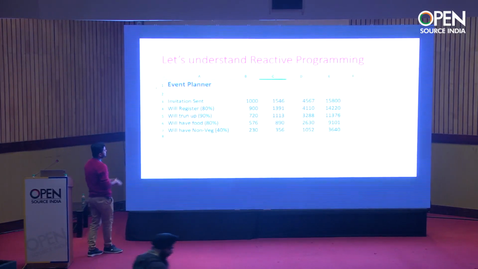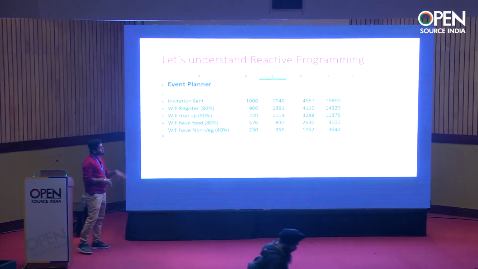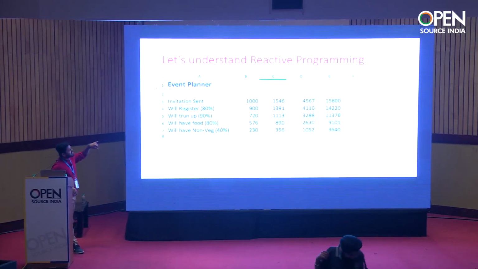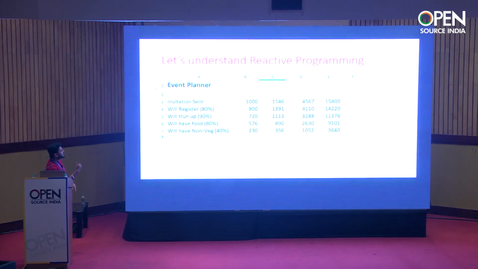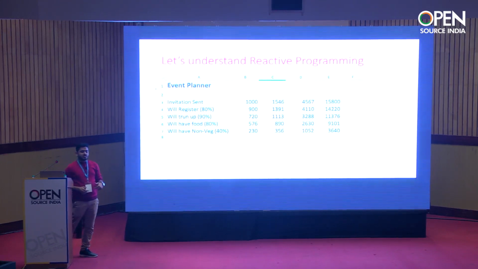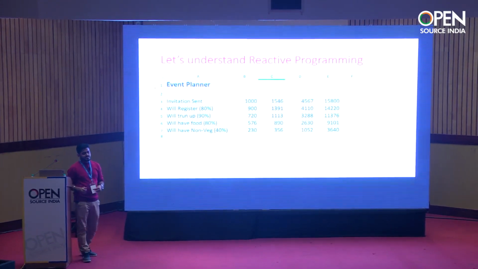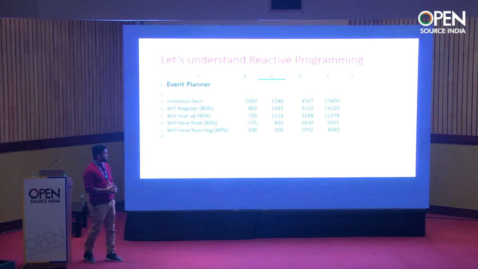So this is an event planner. If I change row number 3, which is basically an input, all of row numbers 4, 5, 6, 7 get changed because there is some computation logic to calculate the values, right? That's reactive programming.